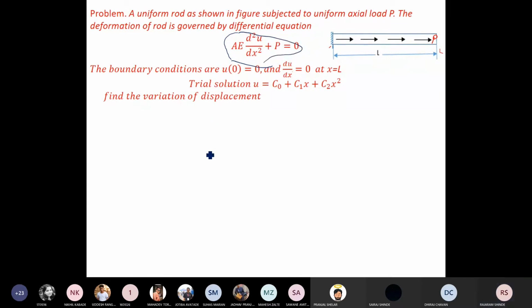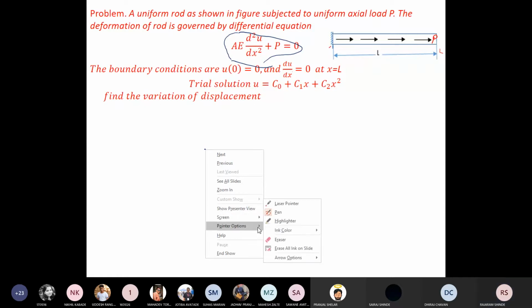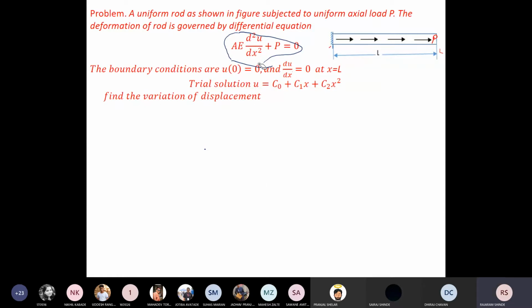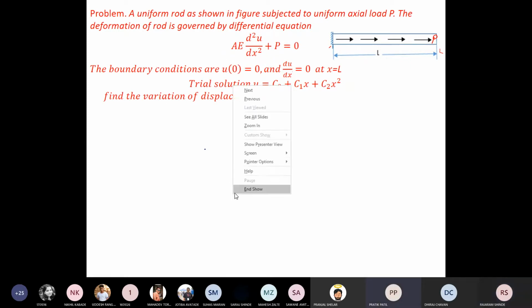Okay, have you finished it? This is a differential equation. Now you have to find the solution to the differential equation by using these boundary conditions and this trial solution.